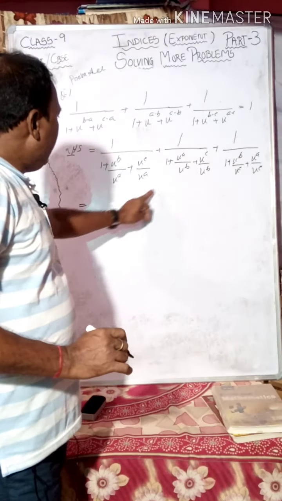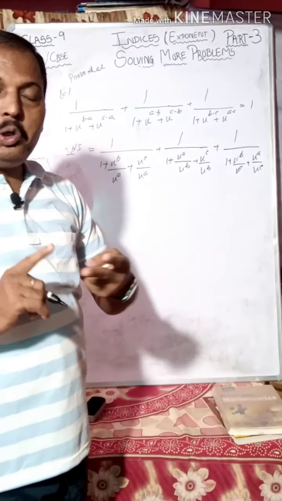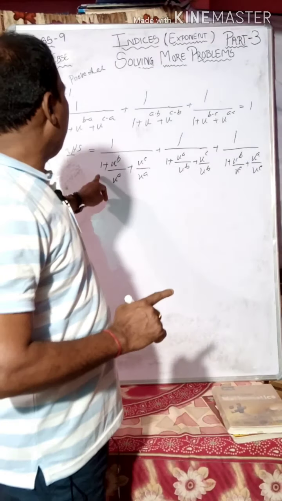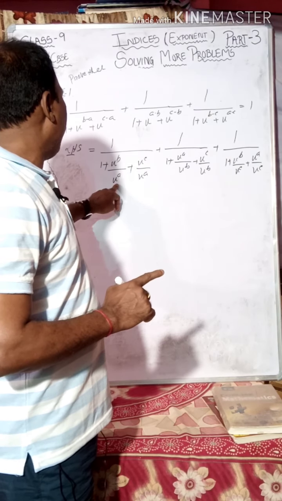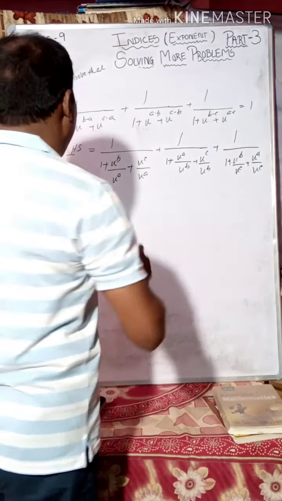Then next, the numerator is 1 and the denominator is also a fraction. First solve the denominator fraction: 1 plus x to the power b by x to the power a plus x to the power c by x to the power a.